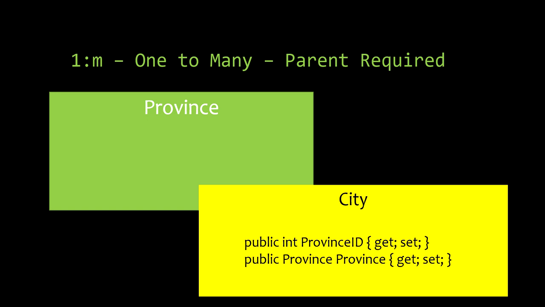So assuming, as we have, that the province has an integer identity primary key called ID, then putting an integer province ID inside of the city, it will assume that's going to be the value we'll use as the foreign key. And that's actually what gets saved in the database, right? This province object, well, that doesn't get saved in the database. It's just the integer province ID, which corresponds to the ID of the province that is the parent of the particular city involved, right?